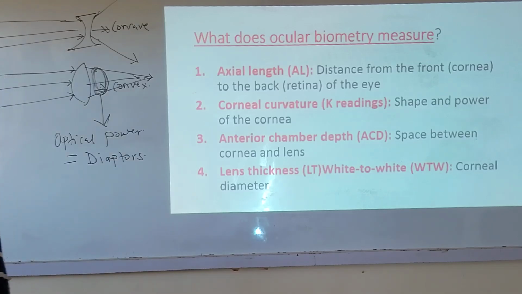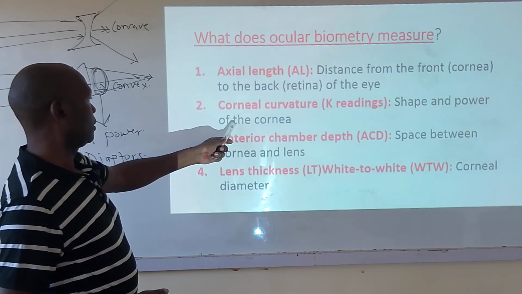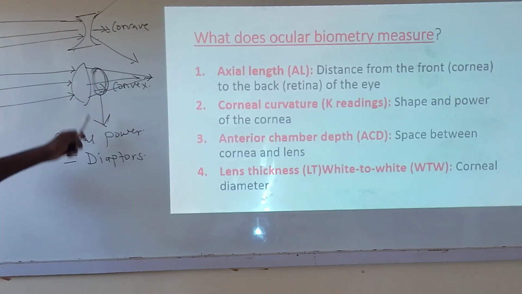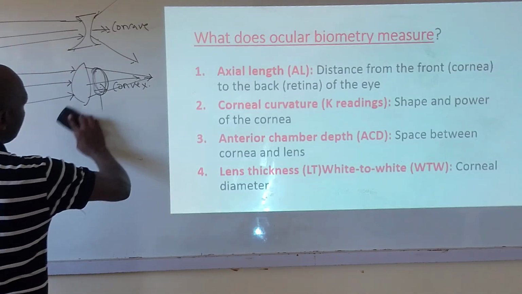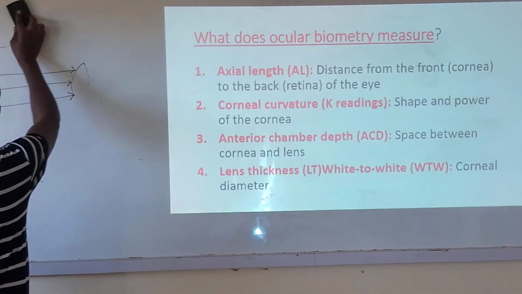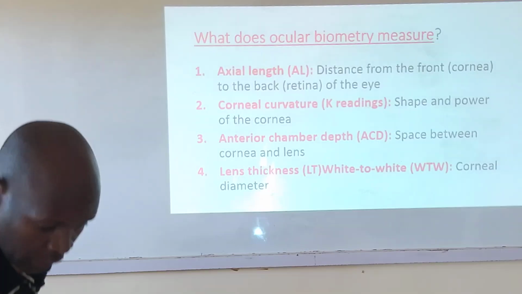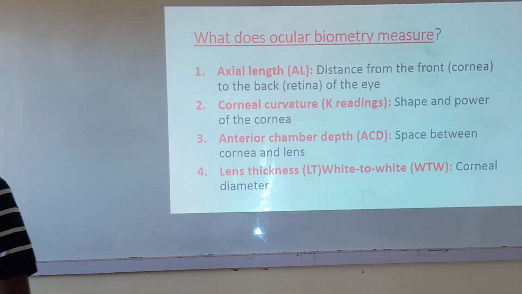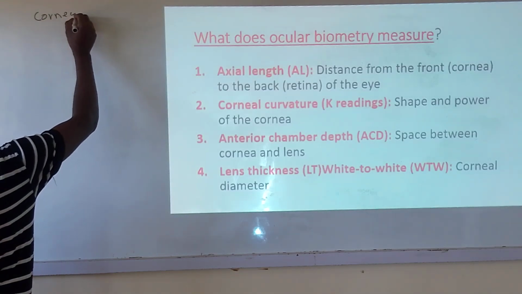So when we talk of the shape and power of the cornea, we are simply talking of how much this optical structure bends the light. Just to remind you, we have a number of optical structures of the eye, and we start with the cornea.